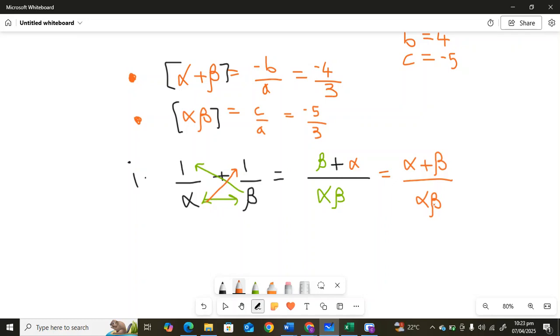I've just solved this the way we solve normal fractions. The way you solve any ordinary fraction, you solve this one the same way.